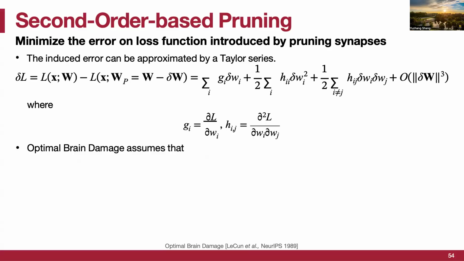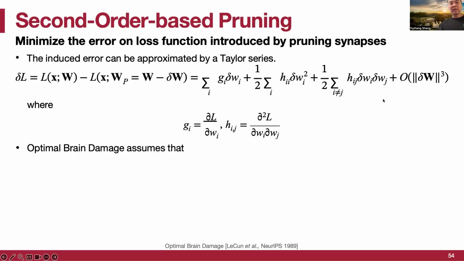This is the first order derivative of the loss function, like this, and this is the second order term, like this, and this is the higher order term, but we can just ignore this part. It's too small, right?